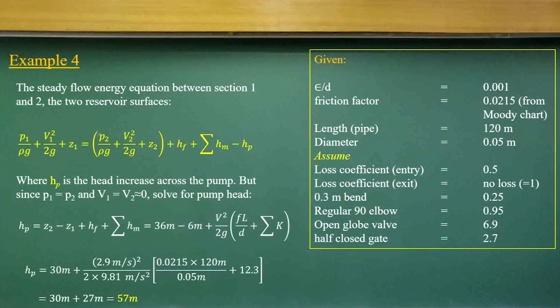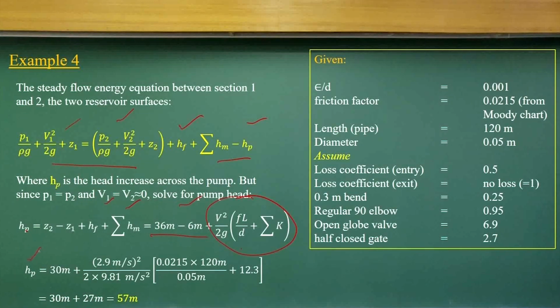Now, if you go to the next, what we do is very simple: we apply these energy equations, the head loss and this part. Since V1 and V2 are 0, solving for the pumping head gives the elevation difference plus the major and minor loss components.